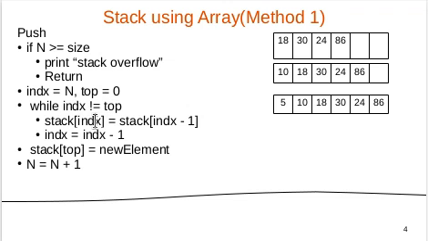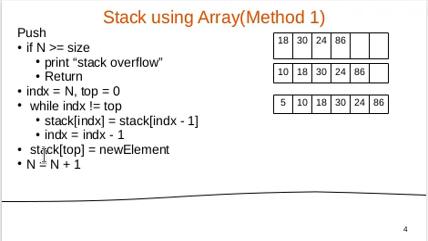So stack of index, that means index starts from 0, so 0, 1, 2, 3, 4. This position will be filled with stack of index minus 1, so this will be this. Now index will be 3, so here index minus 1 will be here, so 24 will be here, 30 will be here, 18 will be here. Now index equals 0, so it will not go inside this loop.